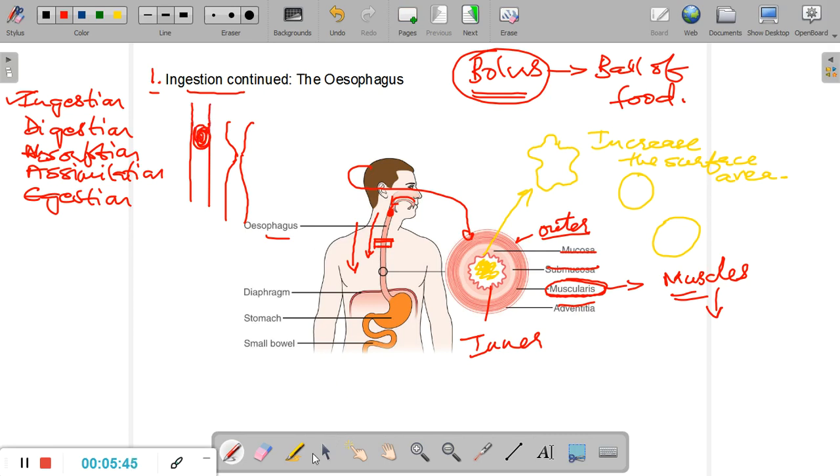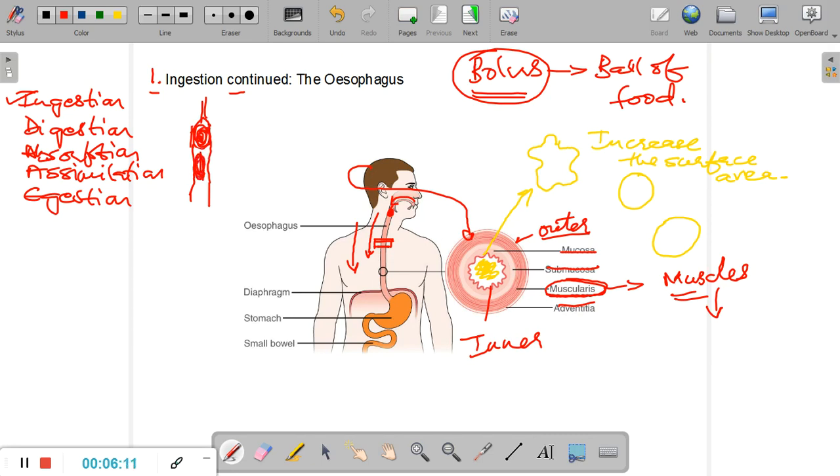Let's say this is the bolus in the esophagus. So what will the muscles do? The muscles will contract and squeeze the food pipe such that a pressure is developed on the bolus and the bolus is pushed down.